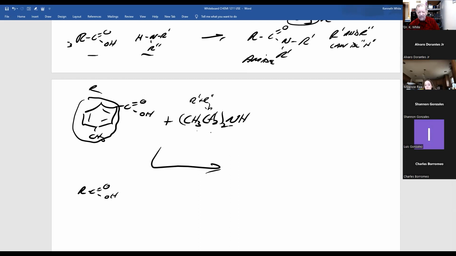Remember, bracket like this means two of these groups on that nitrogen. Our case is not, but just to remind you, R prime and R double prime can be hydrogen. It's not in our case here. So what do you get? An amide.